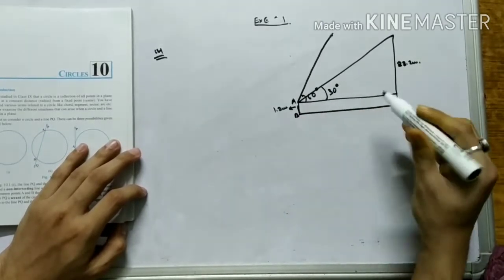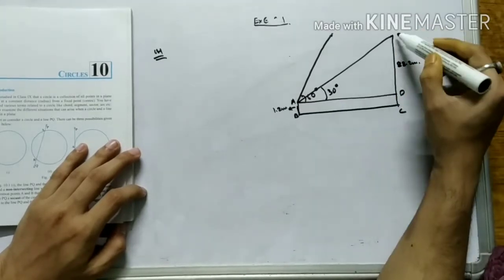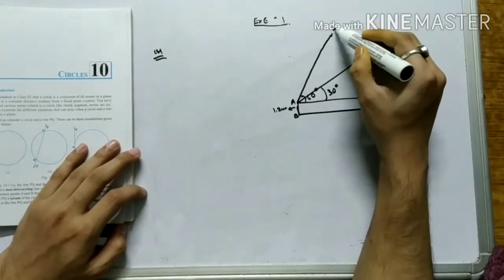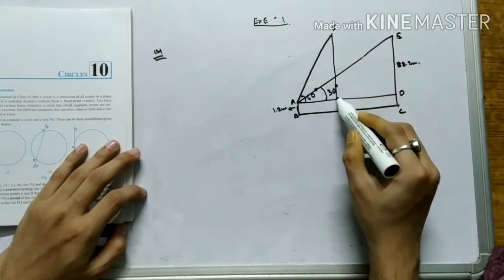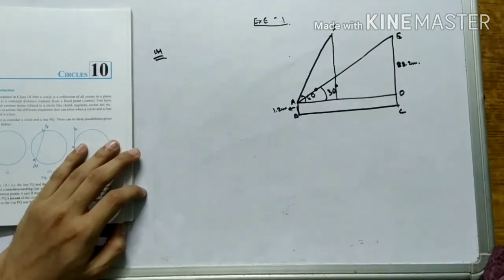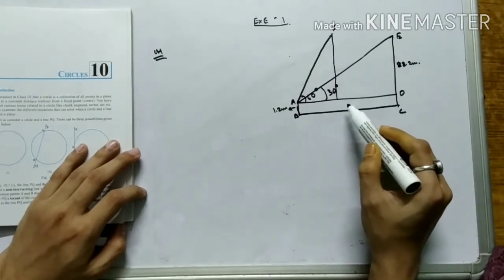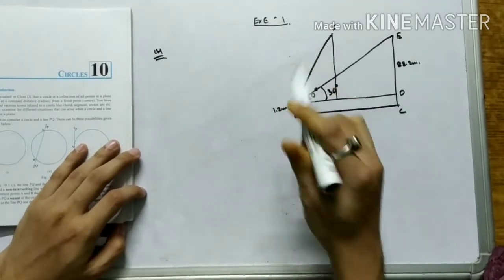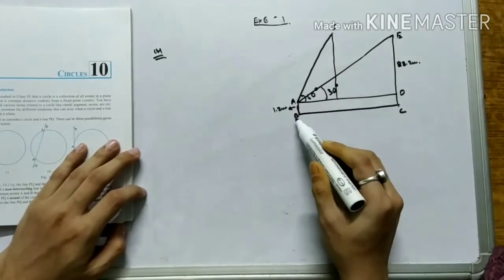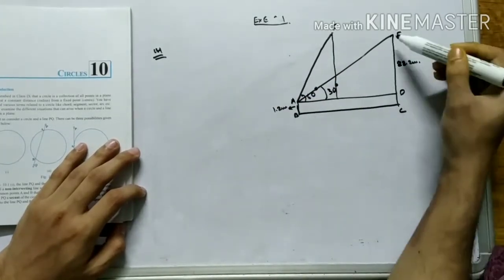This is the ground. Okay, A, B, C, D, E and F. So BC is the ground and the height of the girl is 1.2 meter, and she's standing on the ground.